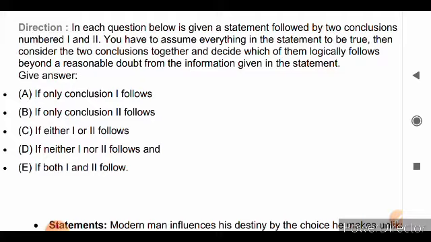Give answer A if only conclusion 1 follows, B if only conclusion 2 follows, C if only 1 or 2 follows, D if neither 1 nor 2 follows, and E if both 1 and 2 follow.